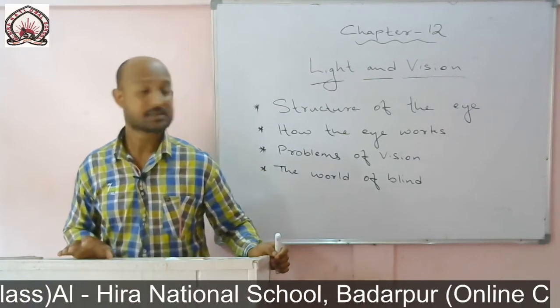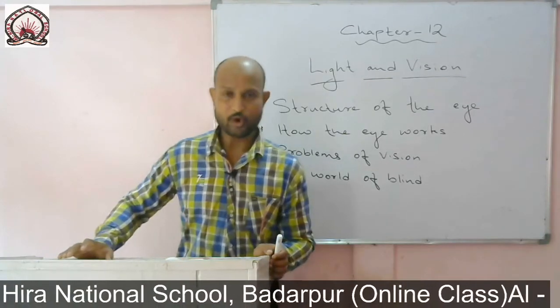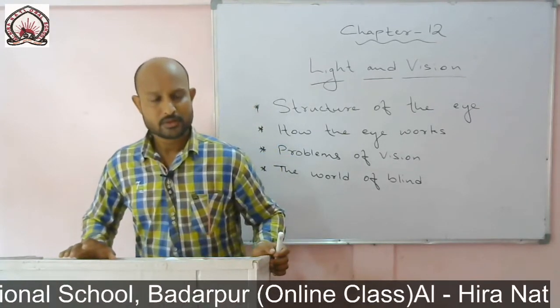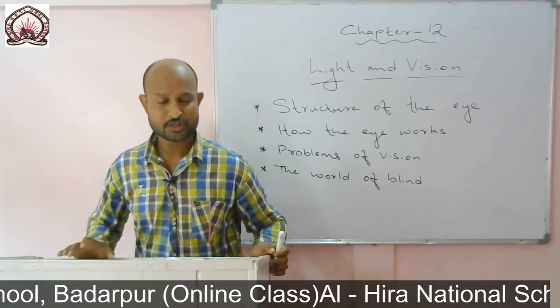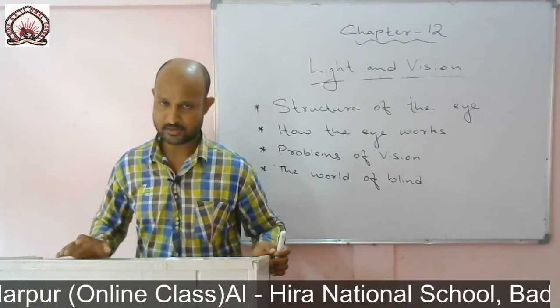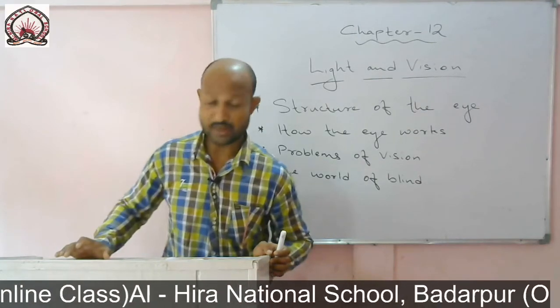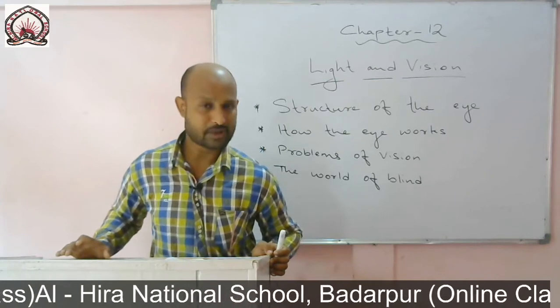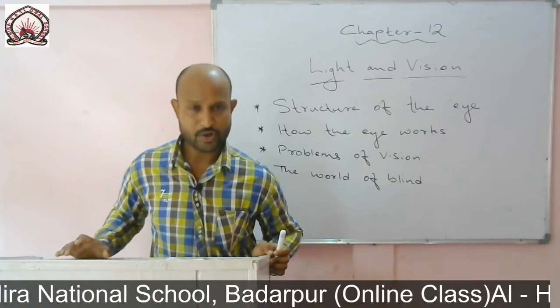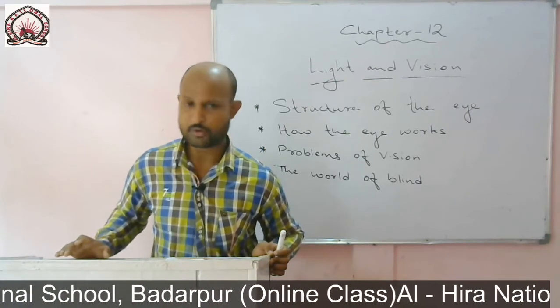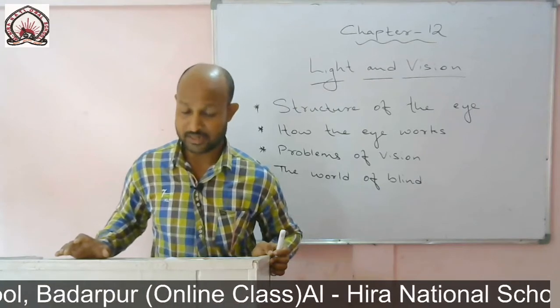Sometimes the images of some objects are not clear to our retina, the image is not passed to our brain, and we are not able to understand what image it is.